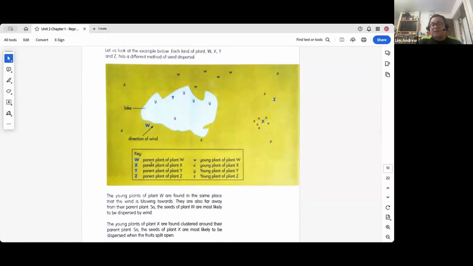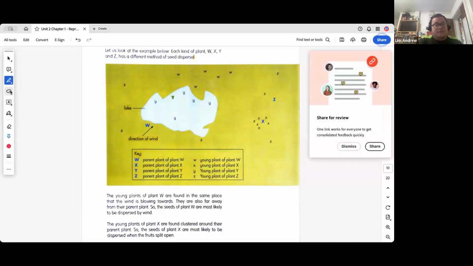So from this, how do we know which seed dispersal method a particular plant uses? Let's look at W. W is here. The wind blows from here to this side. The young plants of plant W are found in the same direction as the wind is blowing. The wind blows from this direction all the way to here, and you can see that all the plants are scattered here.